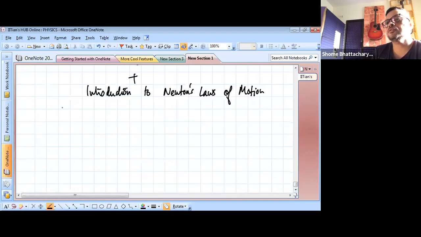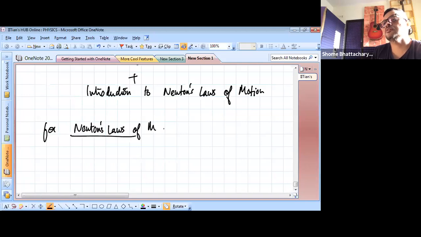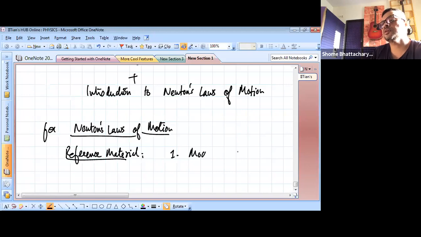So for Newton's laws of motion, the reference material we follow at this stage is the module. Okay. PDF will be sent to you tomorrow, so you can start reading also.